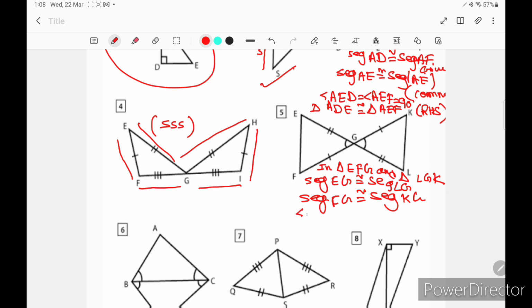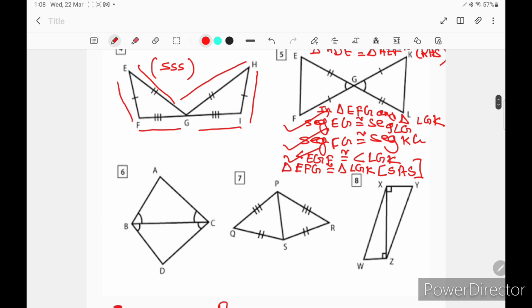Now an angle is given. Angle EGF is congruent to angle LGK. So triangle EFG is congruent to triangle LGK by which criteria? Here two sides and 1 angle are given, so the SAS criteria will follow here.